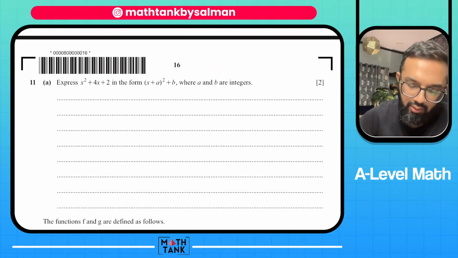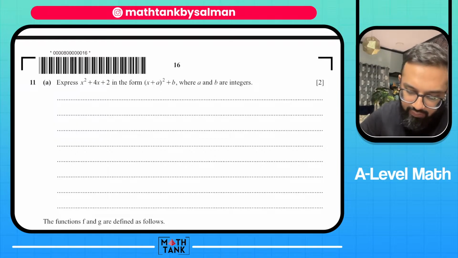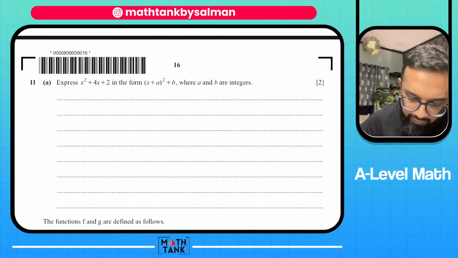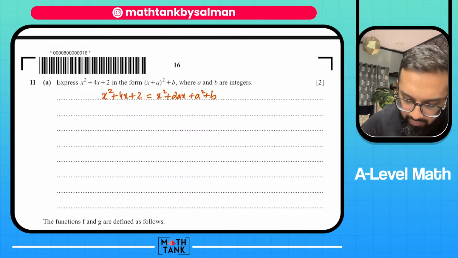Okay. Express this in the form where a, b, c are integers. We've done the completed square form lots of times. X squared plus 2ax plus a squared plus b.